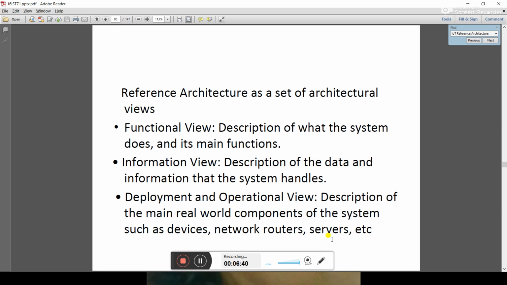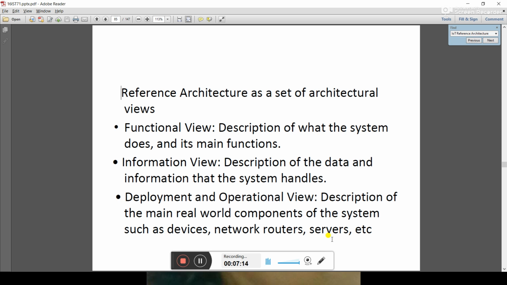In the functional view, we find the description of what the system does and its main functions: how a complete IoT industry works, how the system will work, which departments and things we need to define. That is covered in the functional view.